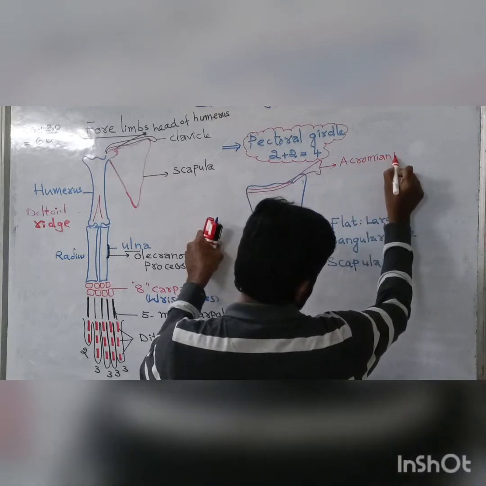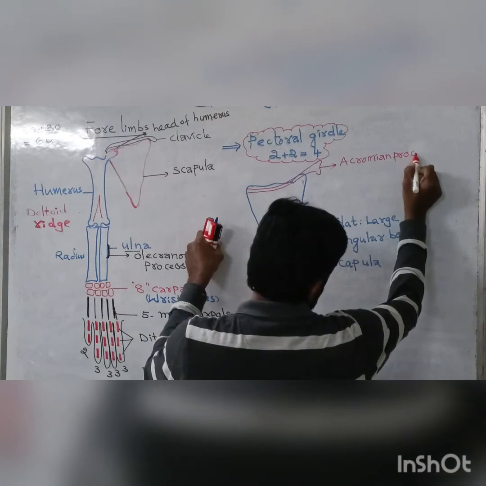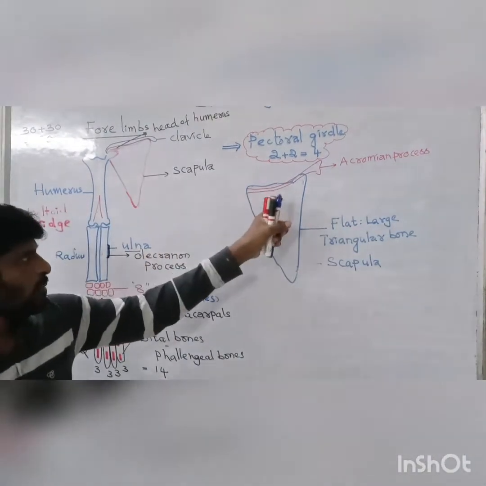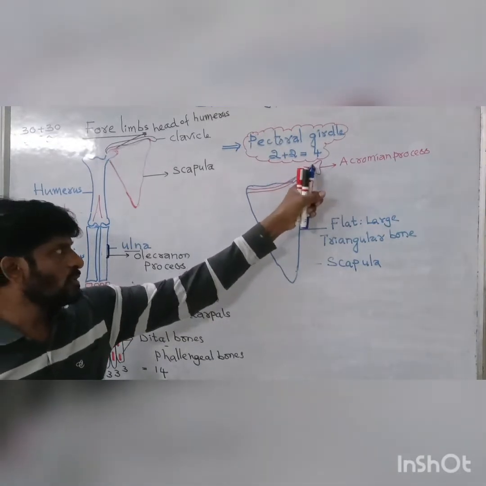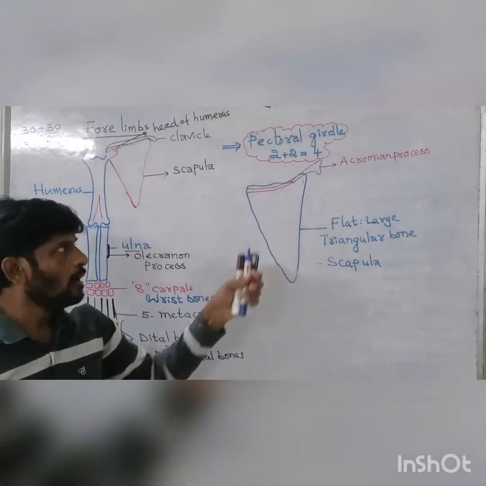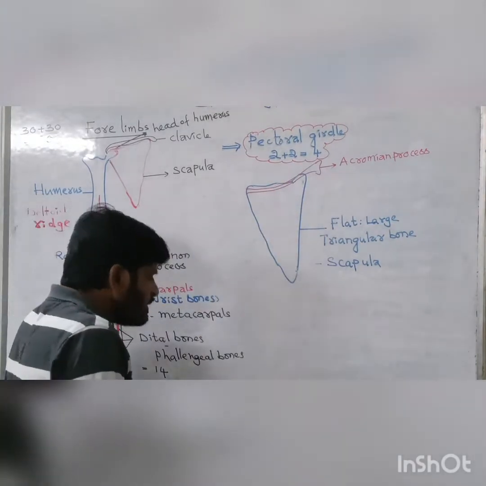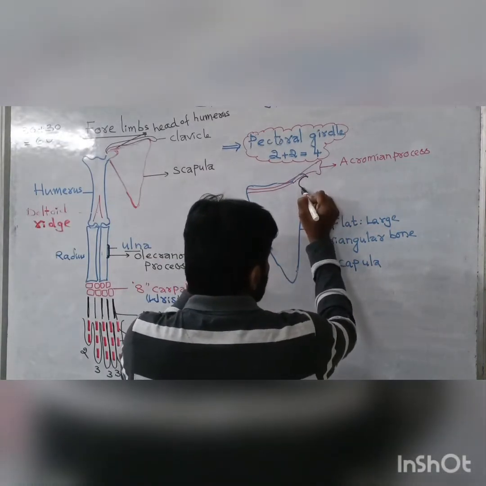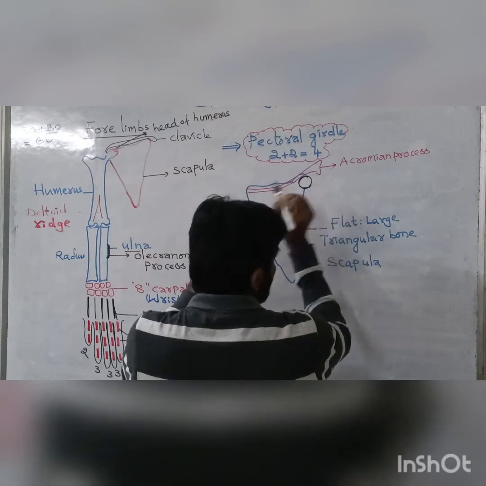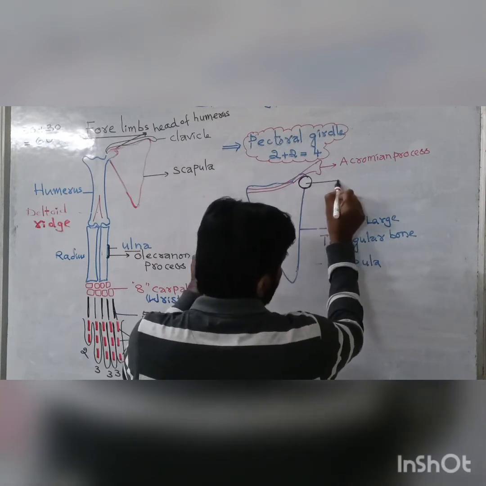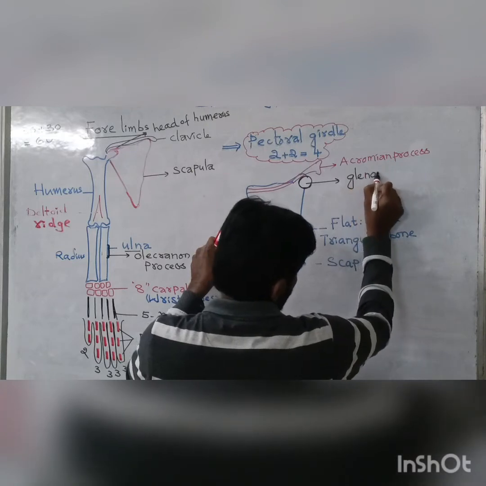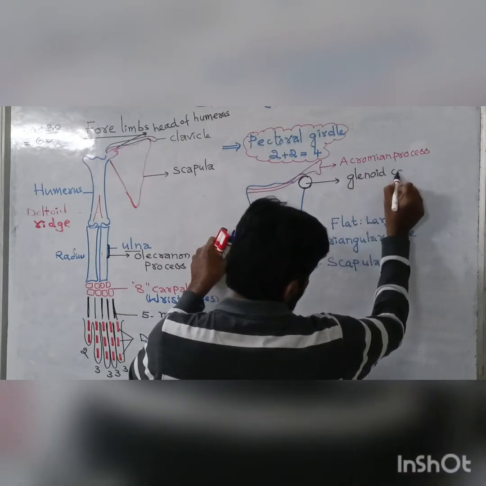The acromion process is the process of the scapula, and below the acromion process there is a cavity. The scapula bone has a cavity, and this cavity is the glenoid cavity.